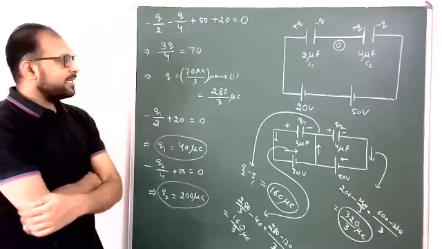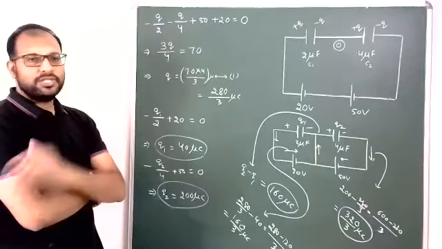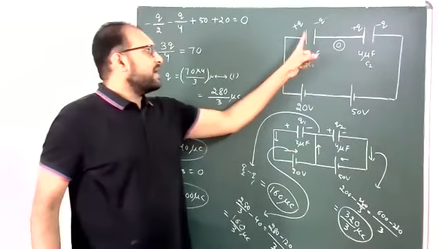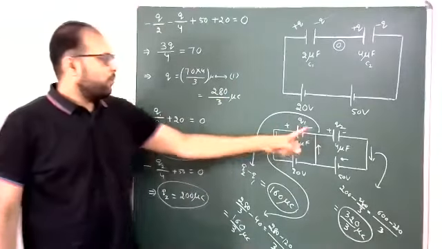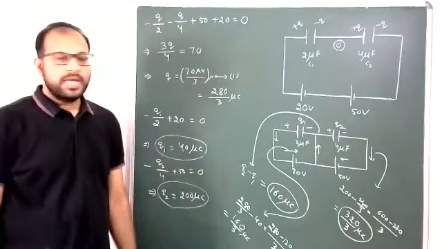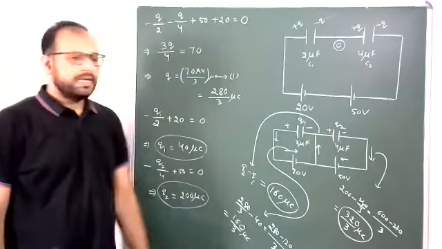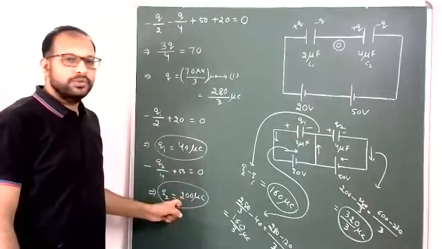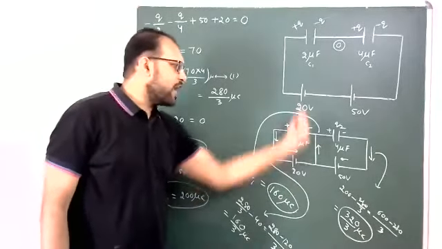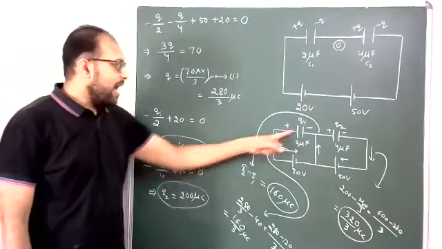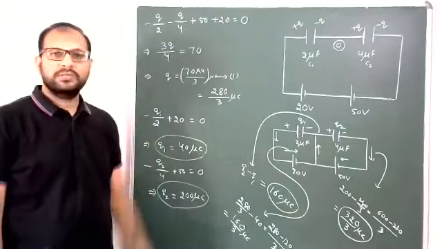That means, examiner, any question may now be asked. Number one, first question: here the charges. This is easy. Second question: once the connection is made, what is the final charge on this capacitor? This is Q1, this is Q2. Next, through this wire, how much charge moved? Or through this battery, how much charge moved, with direction also?